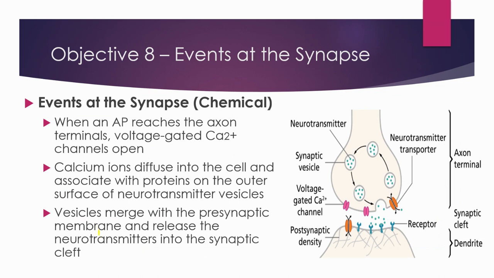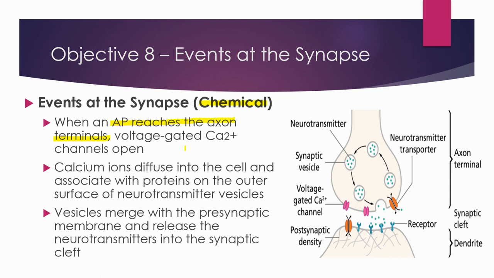When we're talking about the events at the synapse, we want to make sure we understand that we're focusing on a chemical synapse. Once again, that action potential is going to reach the axon terminals, and that's what this is, just a blown up picture. This would be one of your axon terminals here. This is what we call our presynaptic cell. When that action potential reaches the end, it's going to trigger voltage-gated calcium channels to open.